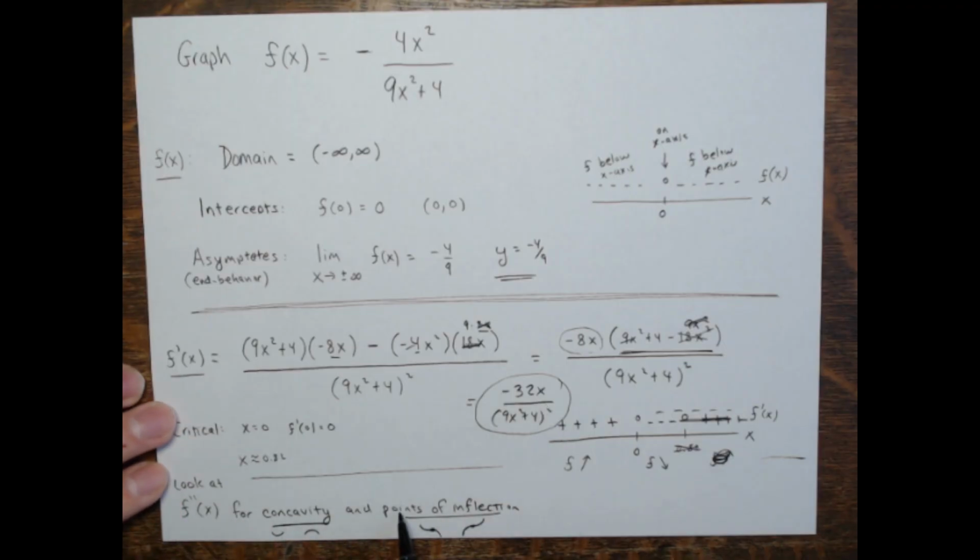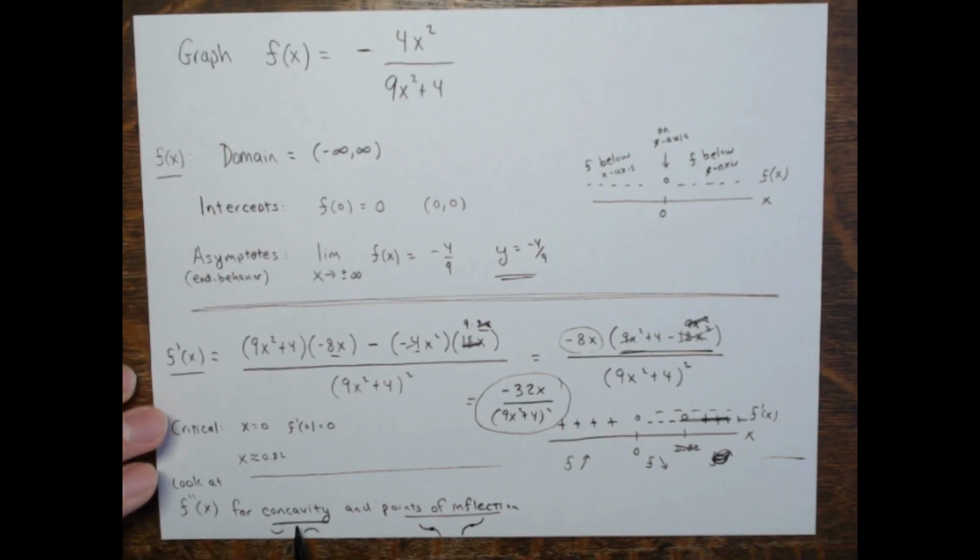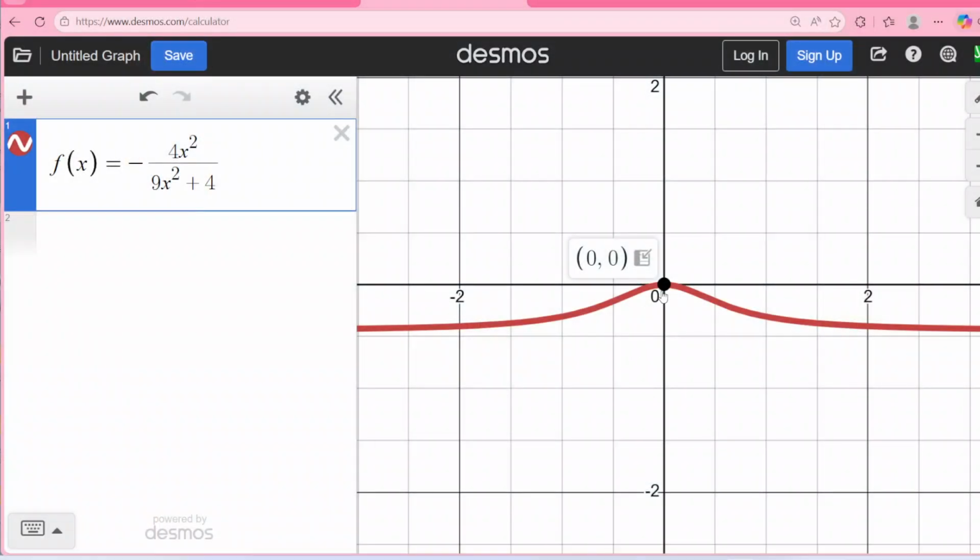So then the second derivative wouldn't be that bad, but still, I would find the second derivative, look for points where the second derivative is 0, where the second derivative is undefined, and find those points of inflection. All right, so the only hill is at (0, 0). There is no valley, and you're seeing that here.